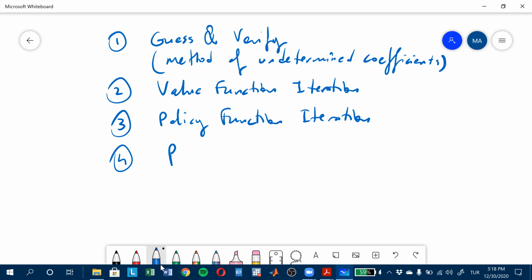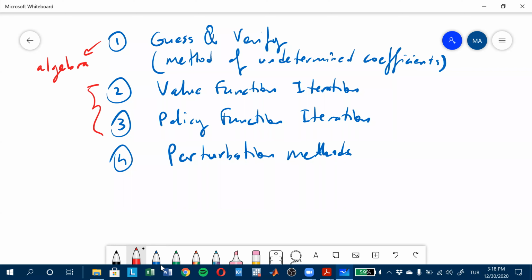Then we're going to talk about perturbation methods. Now, in terms of tasks, this is basically algebra. These are projection methods. So you basically compute stuff, okay? And here you kind of approximate the results using perturbations around the steady state.